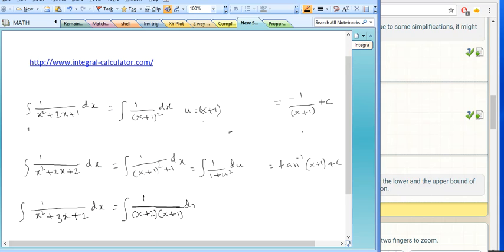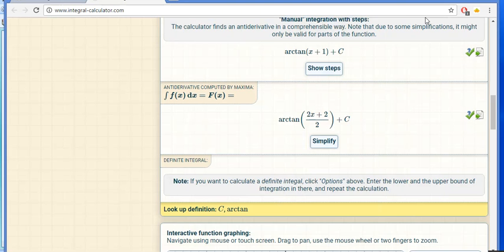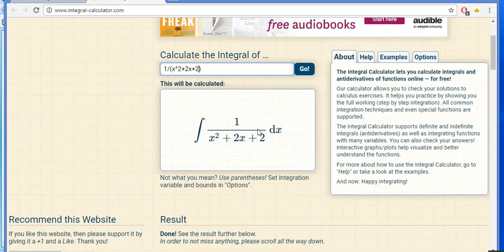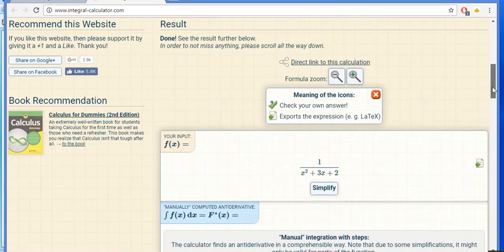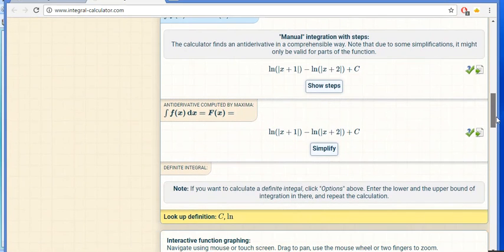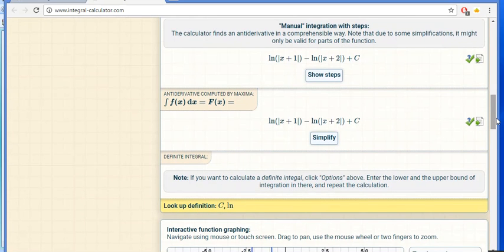Now this is a partial fraction. So let's see what answer we get. I have the same thing, I changed 2x to 3x. Click go. So you see this ln of modulus of x plus 1 minus ln of x plus 2 plus c.